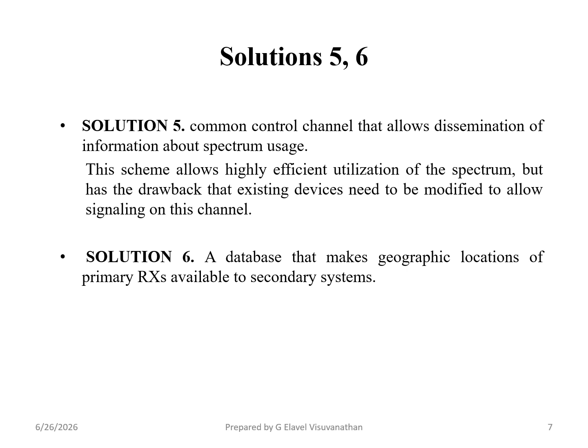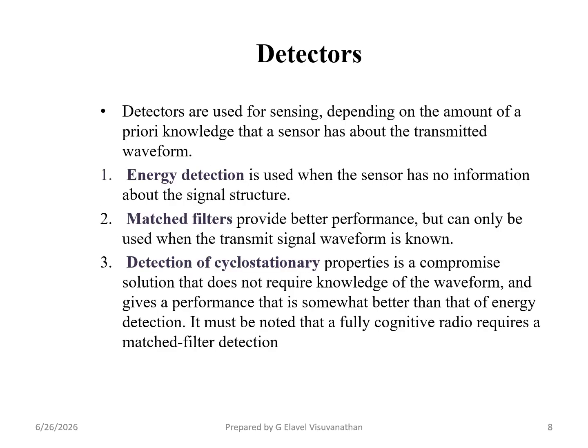Solution: a database that makes the geographic location of the primary receiver available to the secondary. So these are the six solutions we have to discuss with spectrum.